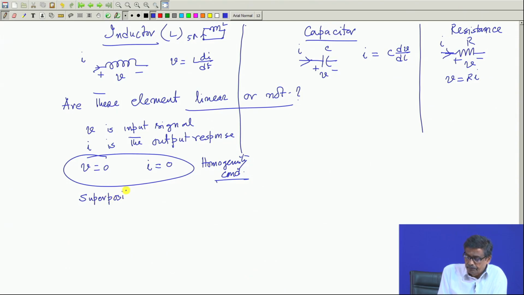Superposition, principle of superposition. What does it say?